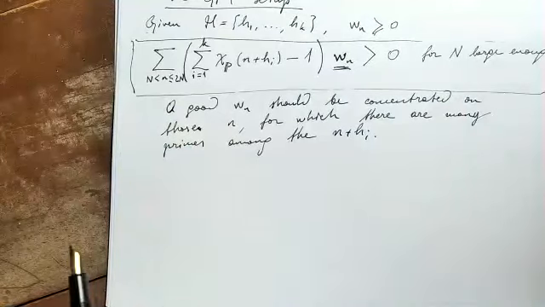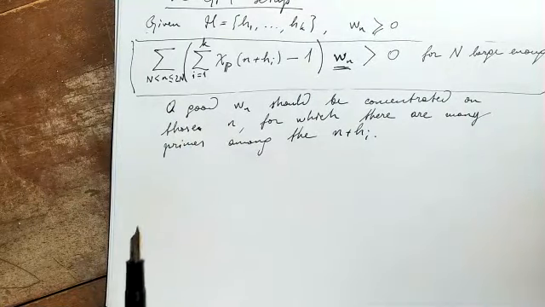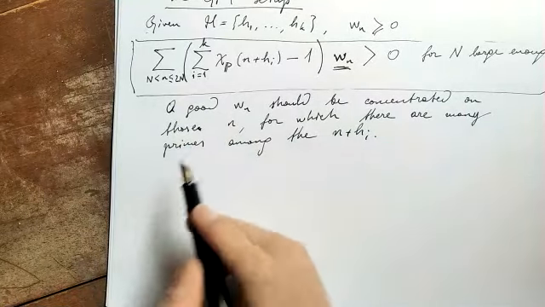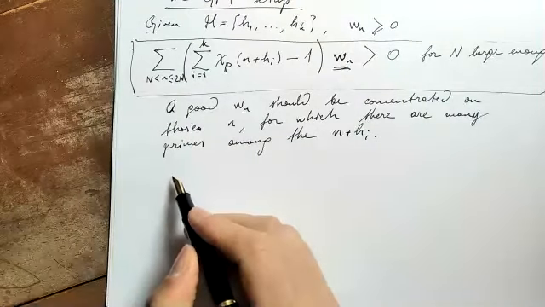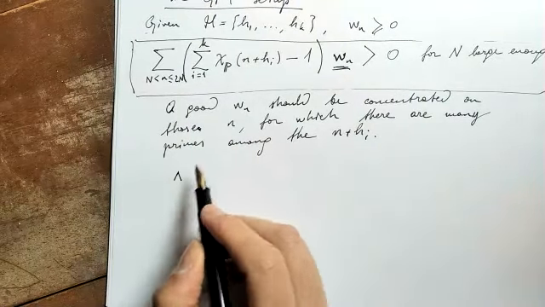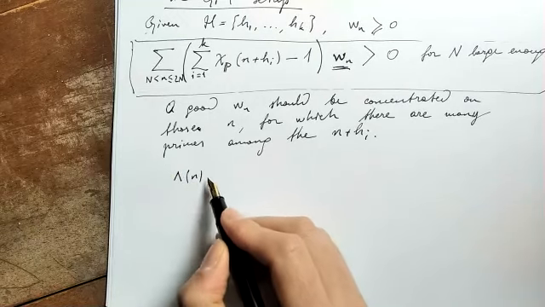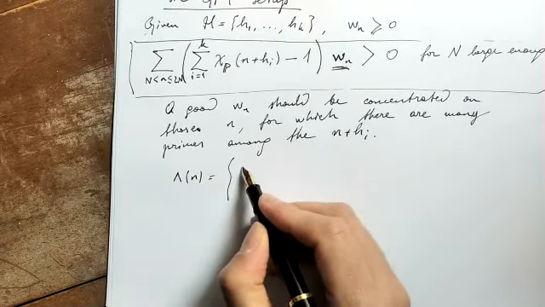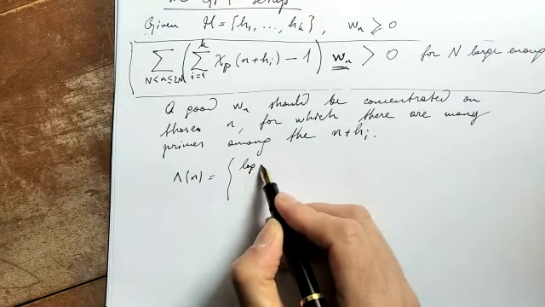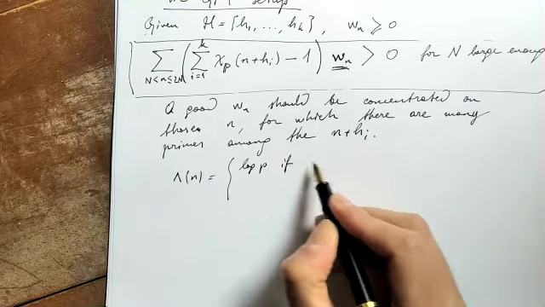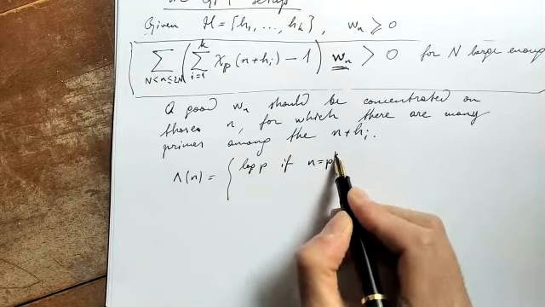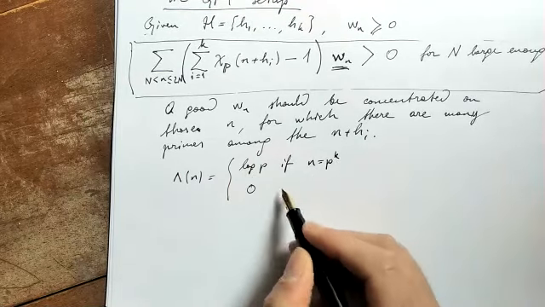Now, taking a cue from the classical proof of the prime number theorem, recall that it goes through an analysis of the von Mangoldt function, which is defined to be log p when n is some power of a prime p and 0 otherwise.